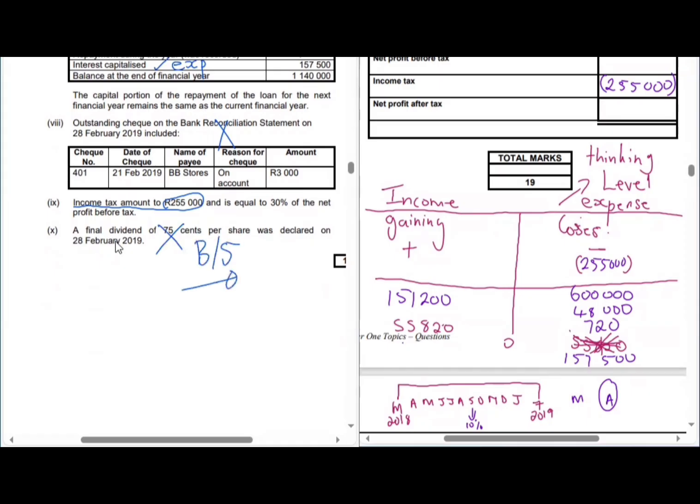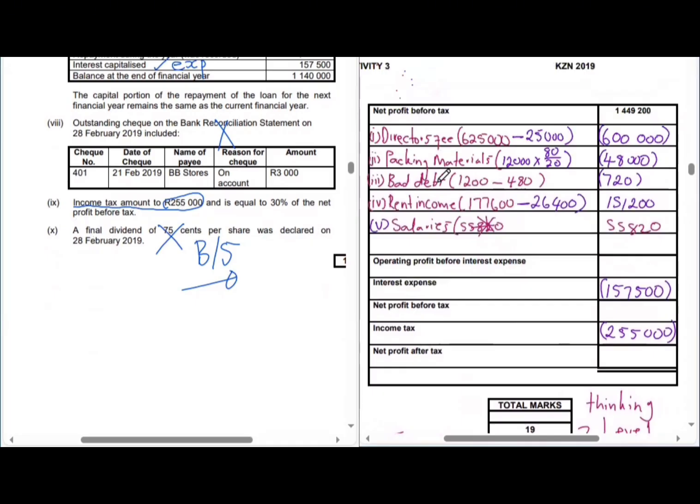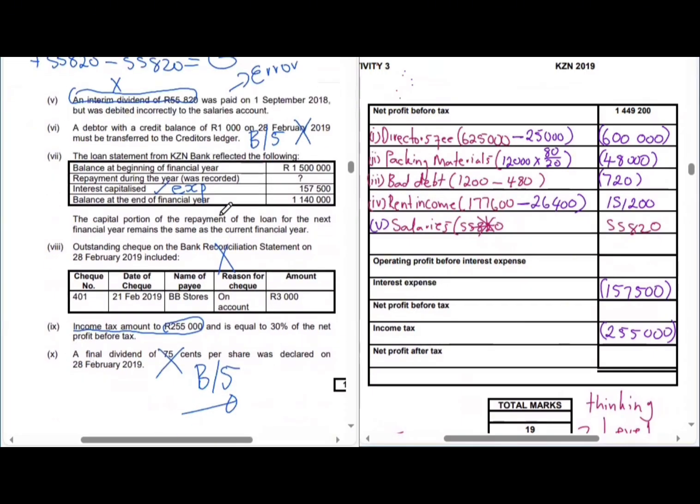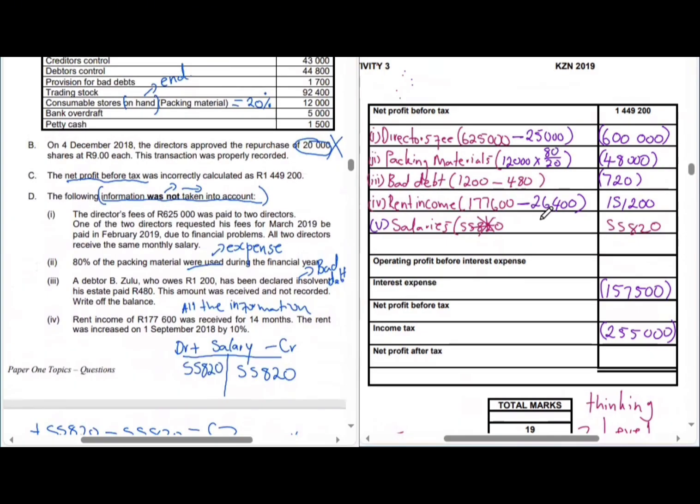And then guys, we managed to record all the information that has been provided to us. So now we can calculate our net profit after tax.